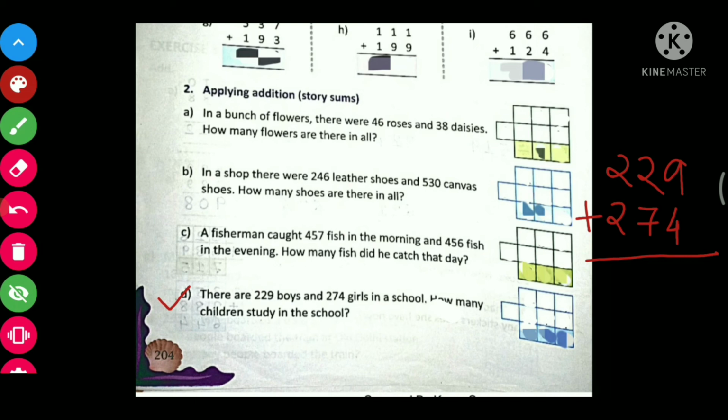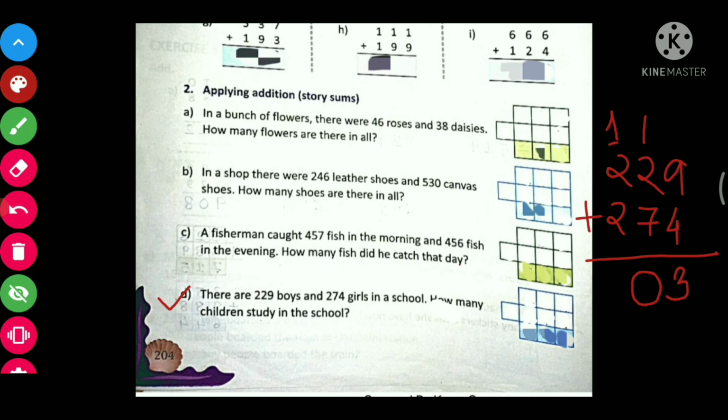So see, in ones place we'll add these two numbers, right? So 9 plus 4, it will be how much? 13, right? So we'll write 3 here and we'll give 1 to the tens place. Now 1 plus 2, it will be 3. 3 plus 7, yes, 10, right? So we'll write 0 here and we'll give 1 to the 100 place.